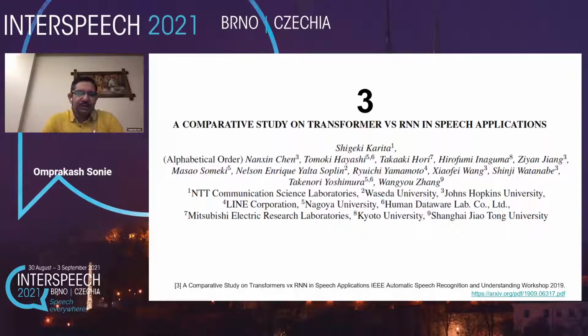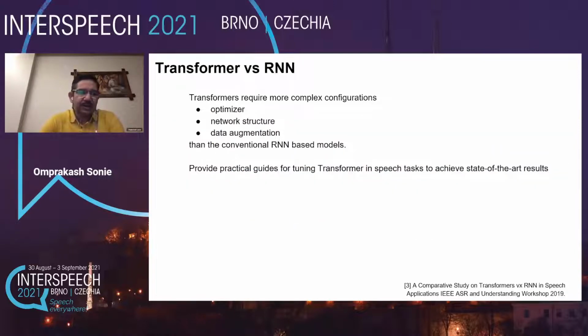The reason I covered this is that we will be talking about a comparison of transformer, BiLSTM and CNN models. Now we can jump into the actual papers we want to talk about. The first one is a comparative study of transformer versus RNN in speech applications, because this study was conducted.